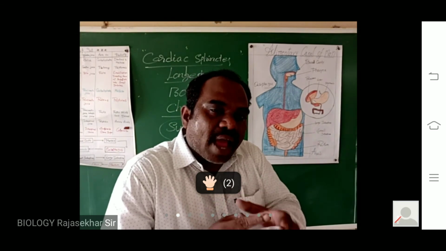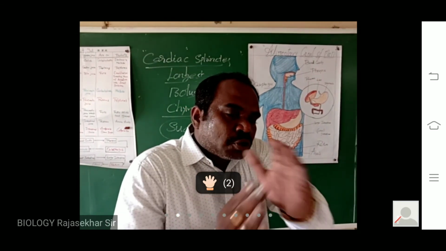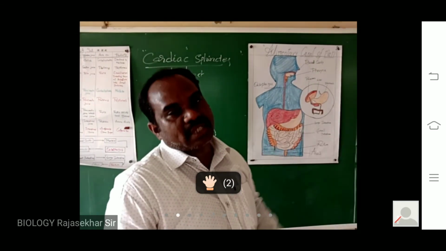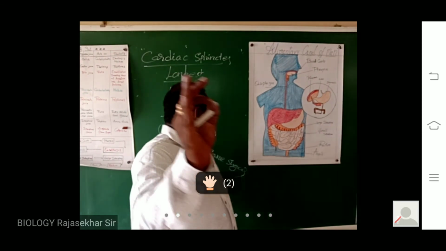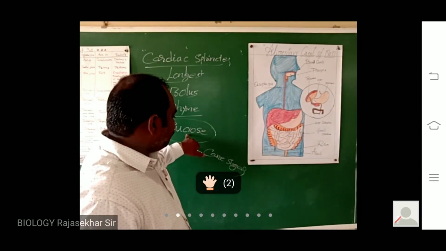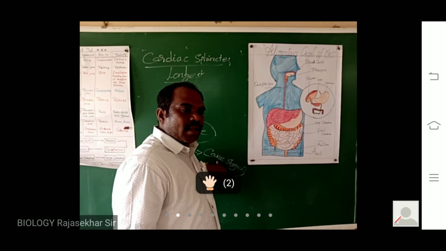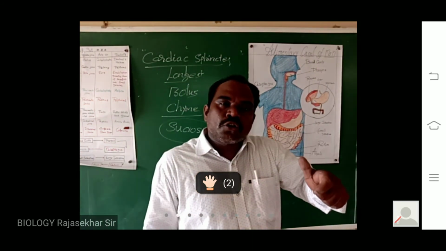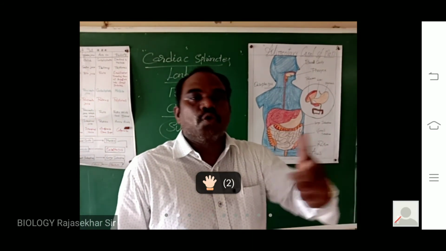The small intestine secretes the sucrase enzyme, which is helpful for converting maltose sugar into glucose.